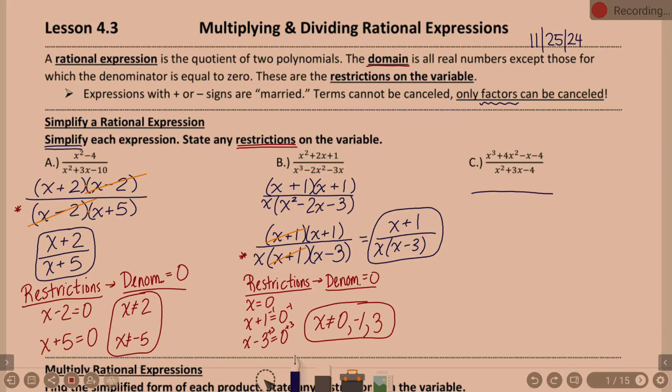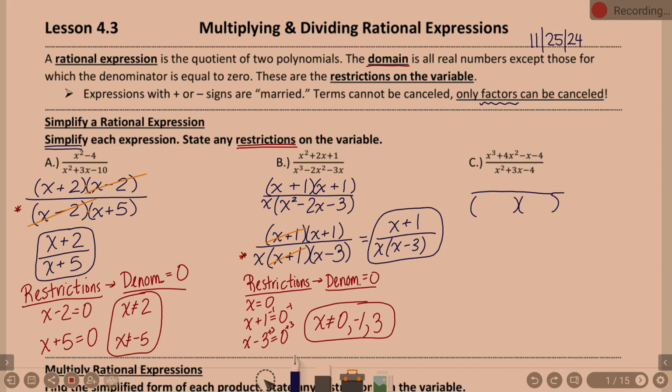Let's start with the denominator. And then I'll come back and grab the numerator here in a moment. Just because my denominator will be one step and done. X squared plus 3x minus 4. It's going to be 2 x's.